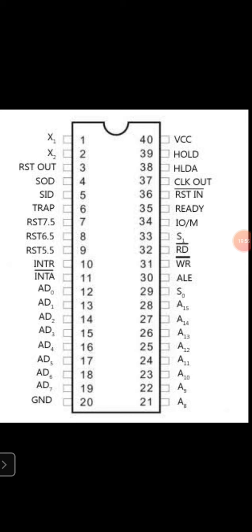Generally we use the word connector or connections, but here we use the technical word interface. Interface is nothing but connecting two devices.